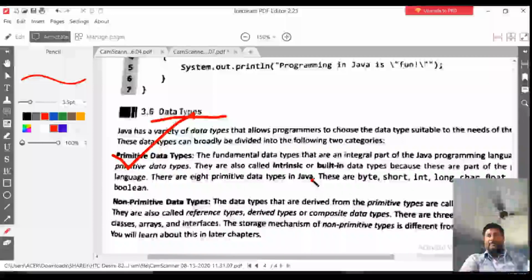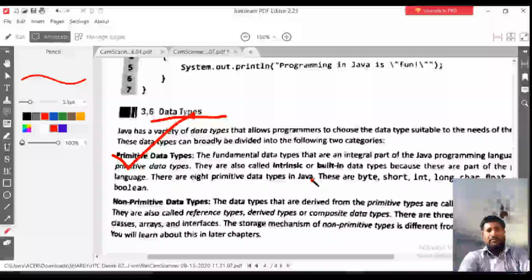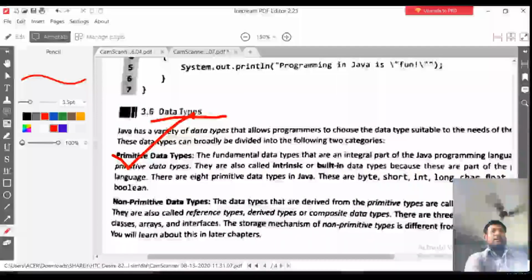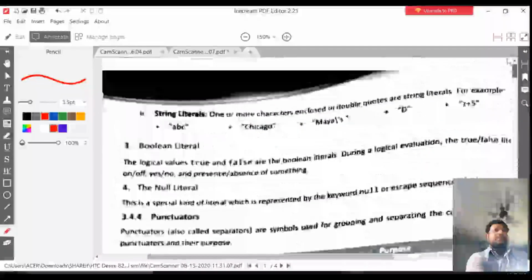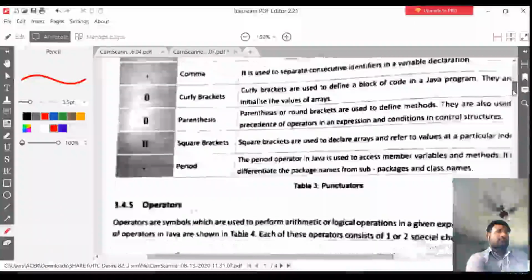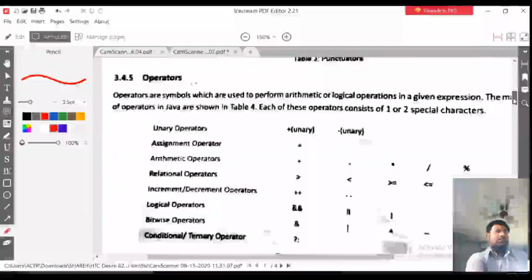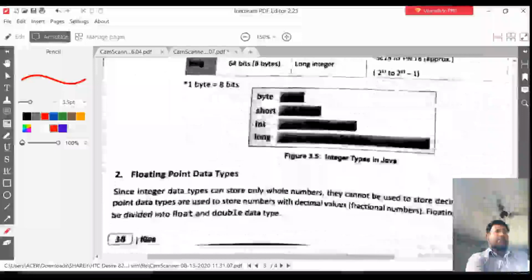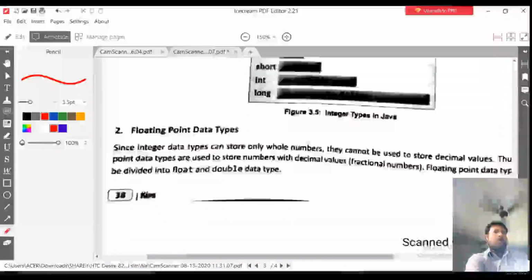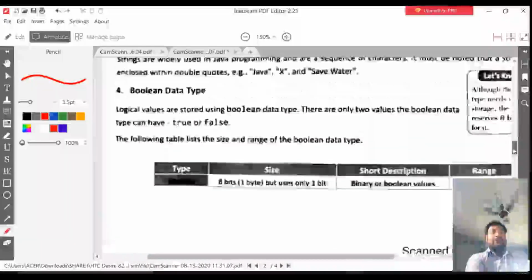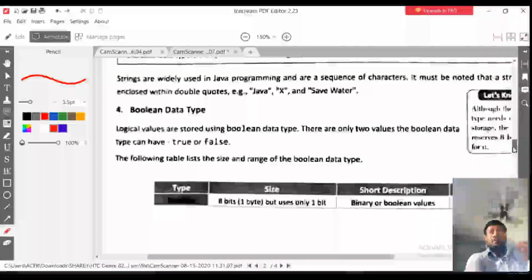Primitive data types are the data types which can contain only one value. So what am I talking about, only one value? Suppose I say integer, then how many values can an integer contain? An integer can contain only one value.